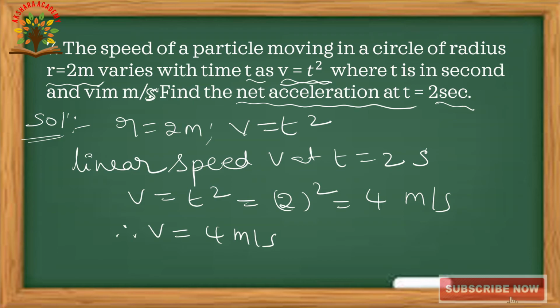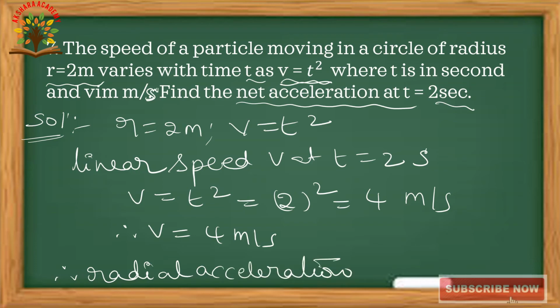And then we are calculating the radial acceleration. Radial acceleration AR is equal to v square by r. v square is 4 whole square by r. r is given as 2 meters.